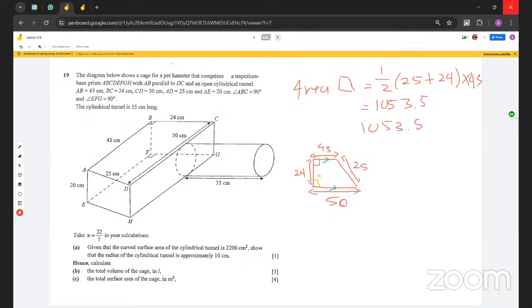Are you certain your trapezium is correctly drawn here? No. And why are you not certain? Because I have two right angles and the diagram has only one.